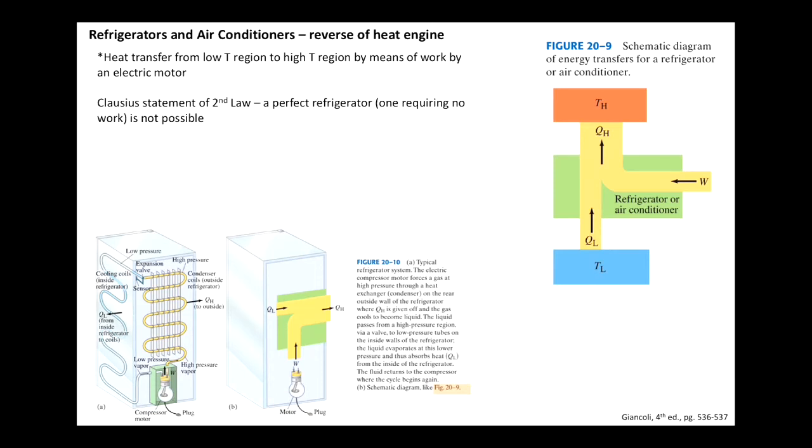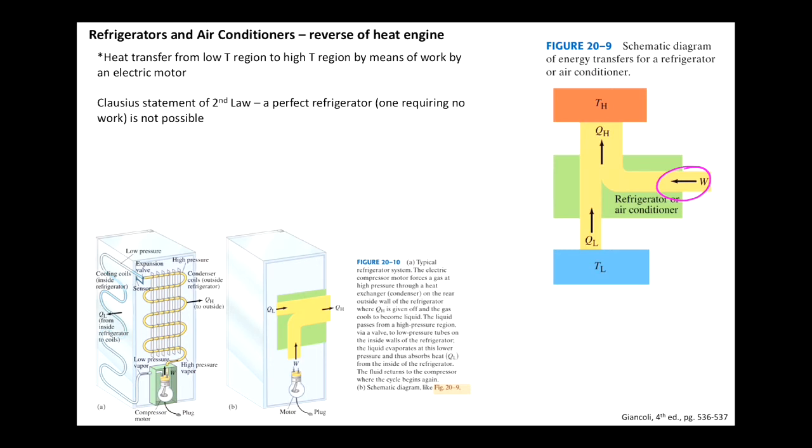Make it go against its natural flow, okay? So in other words, we could do something like what you see over on the right. Notice this work arrow has been reversed. So in this particular case, what we can do is do some work on the gas ourselves, and now we get heat that's coming out of the low temperature region and going into the high temperature region, all right?